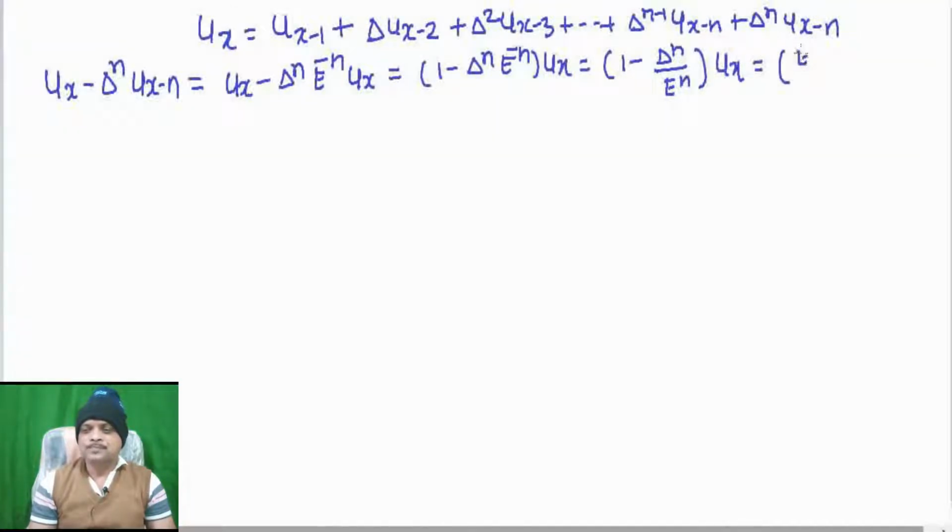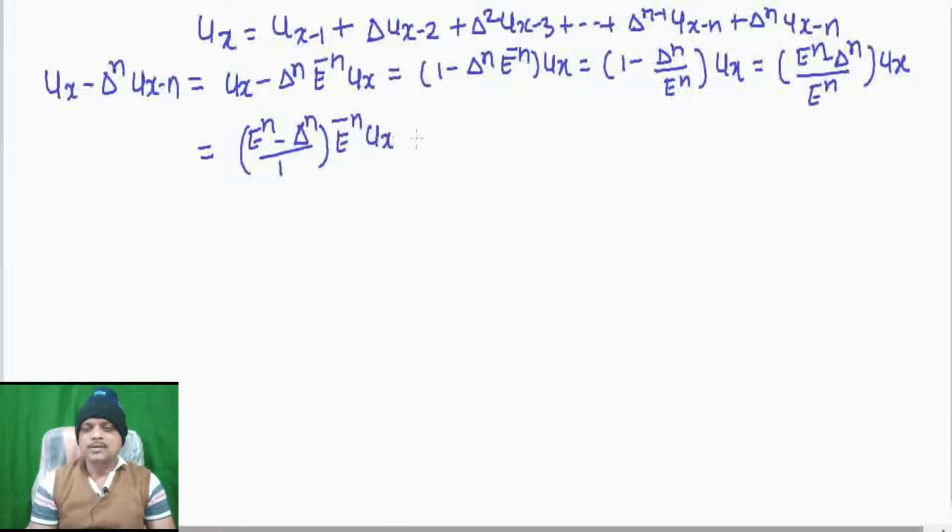Again, e raised to n minus delta raised to n divided by e raised to n into ux. So this is equal to e raised to n minus delta raised to n divided by 1, into e raised to minus n of ux.